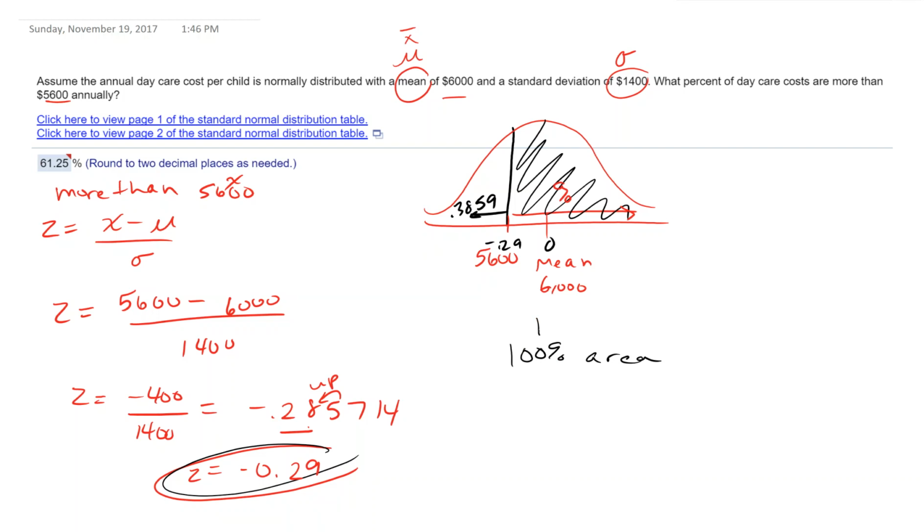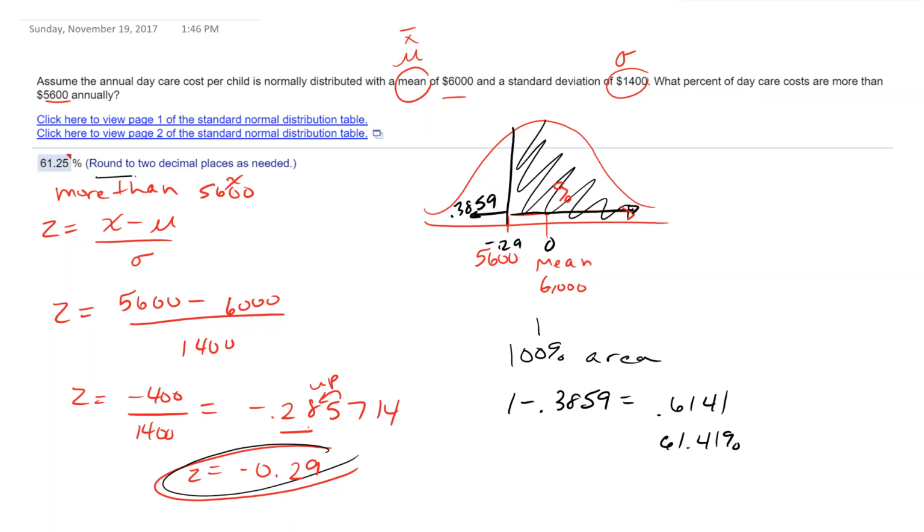So if we want to go to the other side, we just have to subtract the percent that we're given from 1. So 1 minus 0.3859 is 0.6141, or 61.41% area is going to be to the right of negative 0.29.